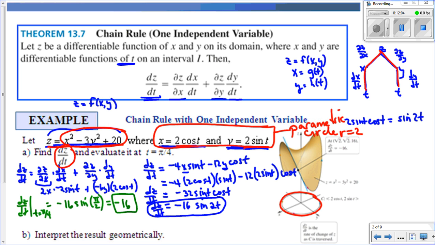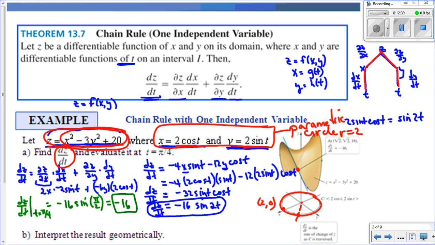So what was happening then, if we started, when t was 0, would be at 2 comma 0. And so when t is equal to pi over 4, it would be at this point right here. Now, what you're doing is you're looking at the point on the surface, which is above this point in the plane. So if you go straight up from this point, here's the point on the surface that's defined by this z value.